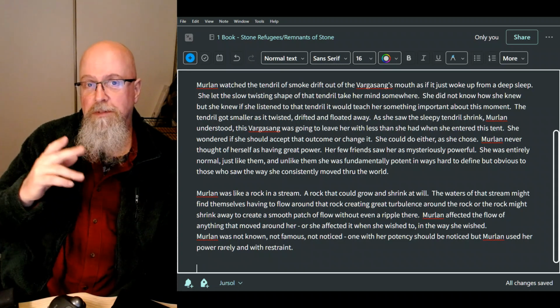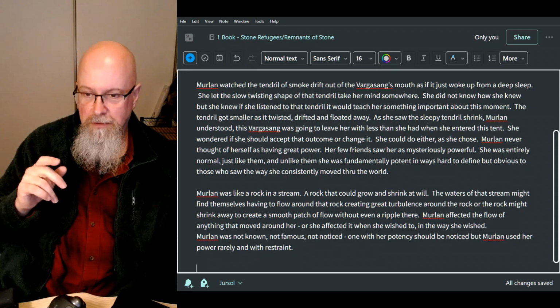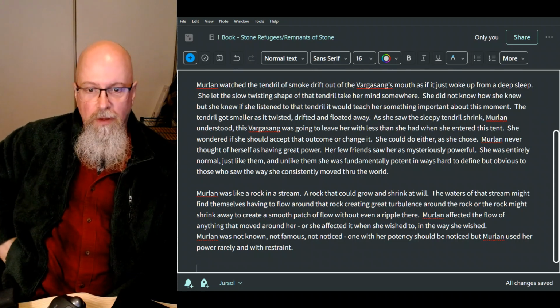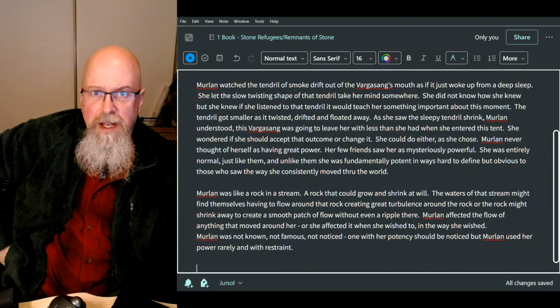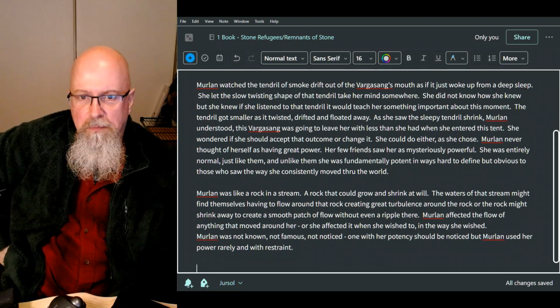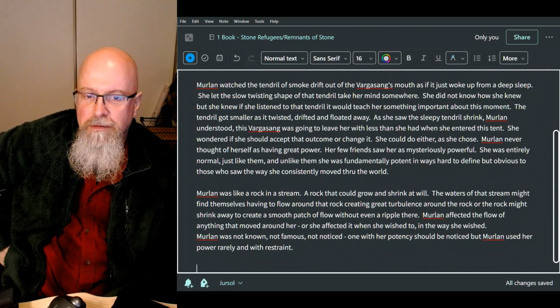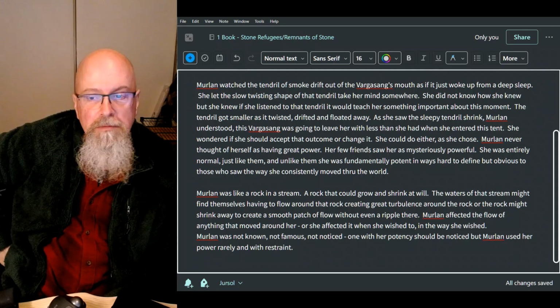Now, such a character raises all kinds of questions. Is that an ethical way to use great power? Should you not use it more proactively for good purposes?